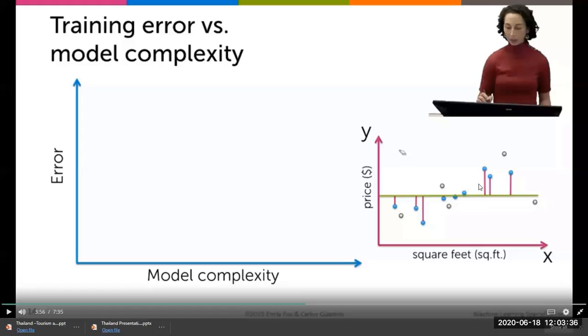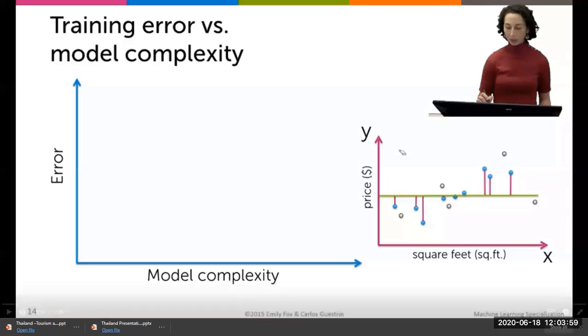A non-complex model would be a linear model, and a more complex model would be a higher order polynomial, which allows it to go up and down and up and down and so on. So which is going to have less error? The more complex model. Right.